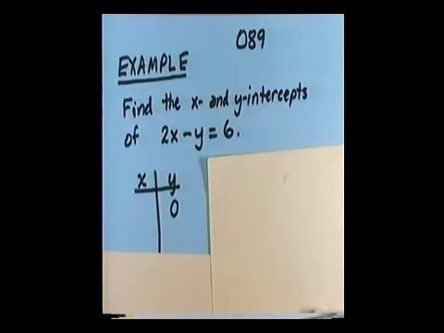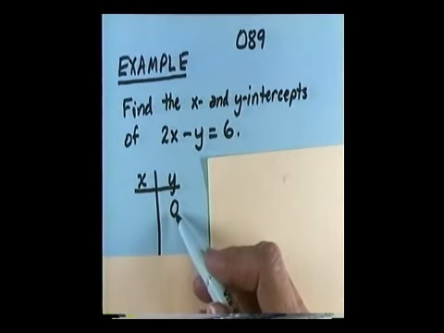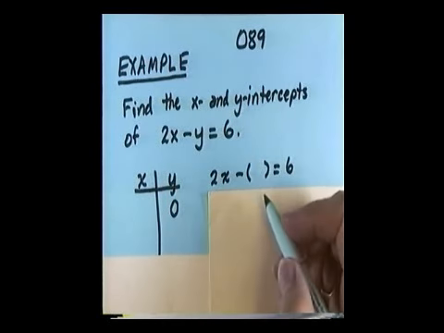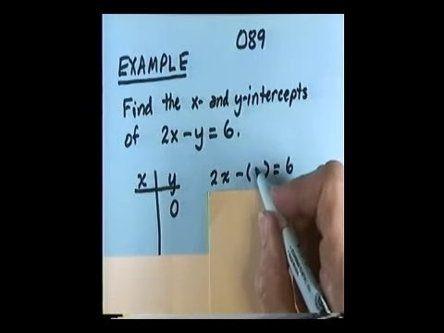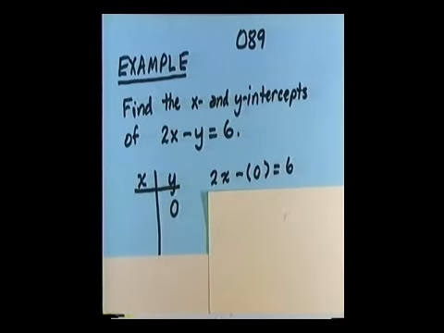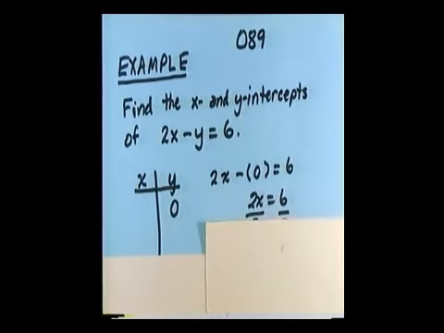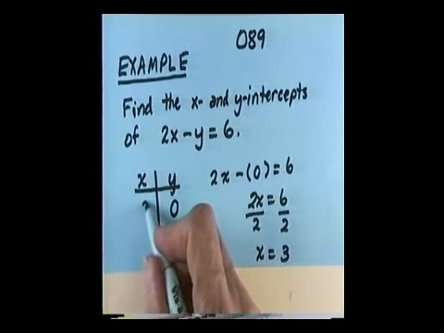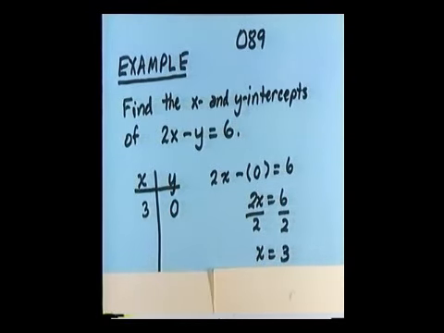So in the table of values that we work with on the equation, the y value is 0. Then that means that we can fill in 2x minus the y value of 0 equals 6. Well, this gives 2x equals 6. Dividing by 2, we get x equals 3. And so (3, 0) is the point where the graph touches the x-axis.